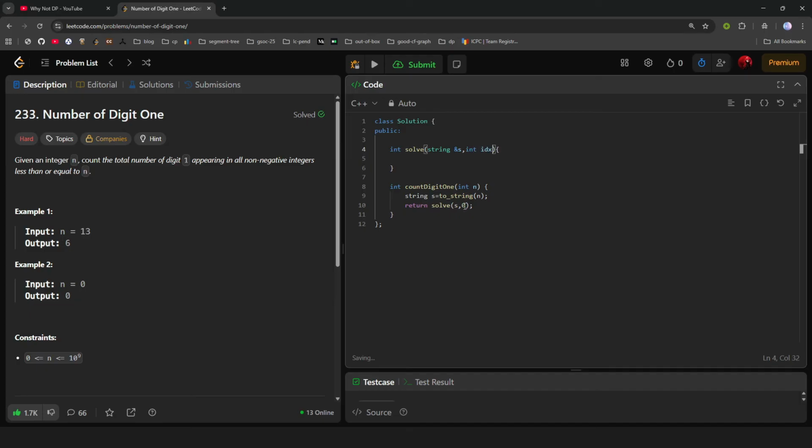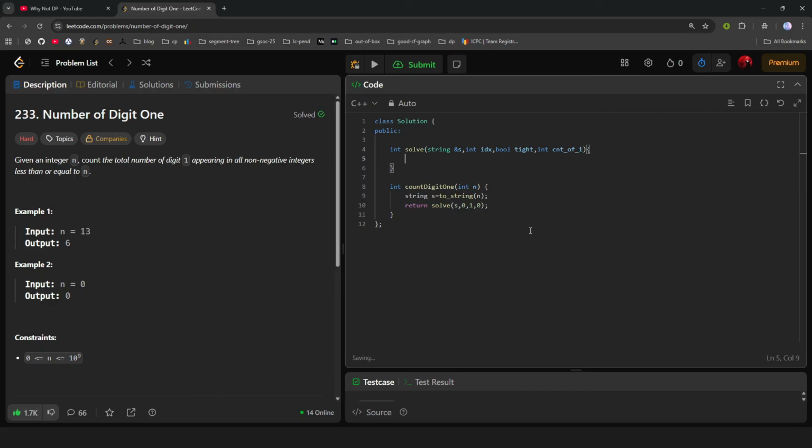Since we also have to pass the value of type, which initially is true, because we cannot choose anything freely between 0 to 9, this will be bool type. And once I have written these two states, I also told you that initially the value of count of 1 will be 0. So these are the three states that will be required.